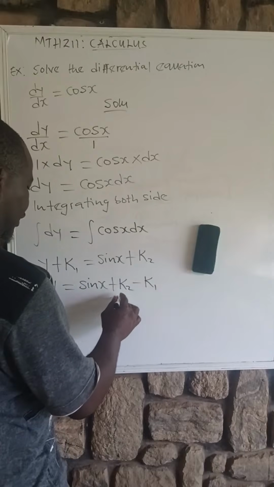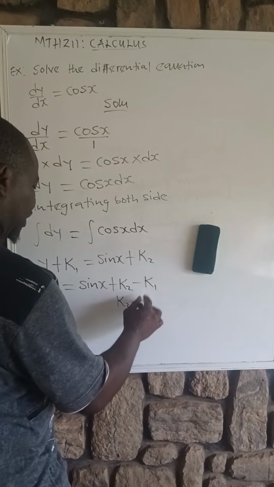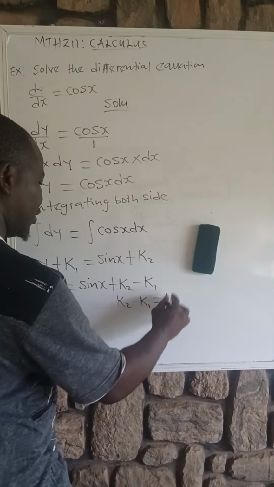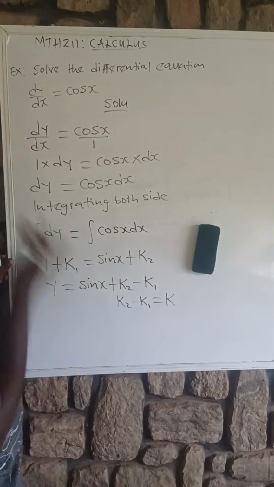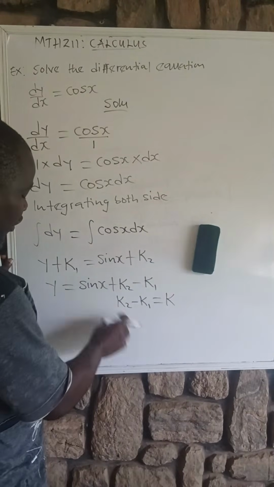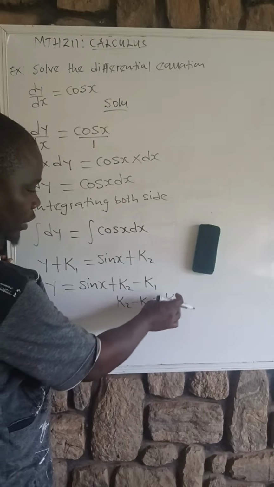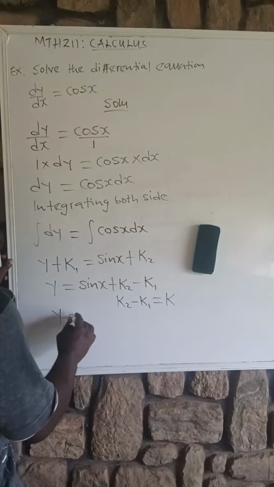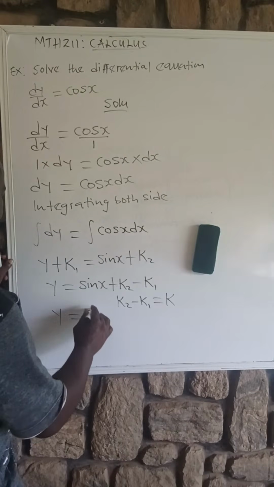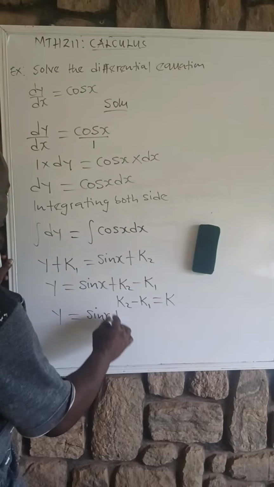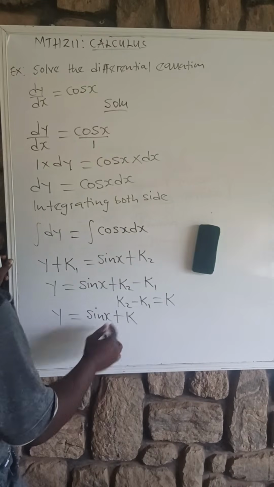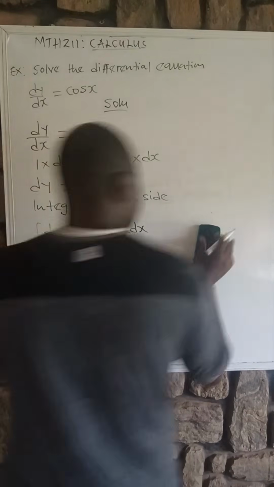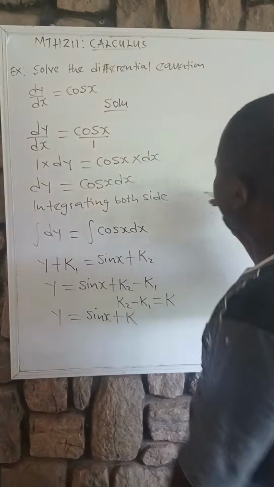We can now say let k2 minus k1 be equal to what? k. And not necessarily k, we can use b here. So therefore our y is equal to sine x plus k. It's the same thing, but this is in some textbooks.